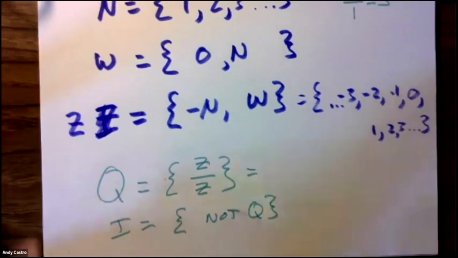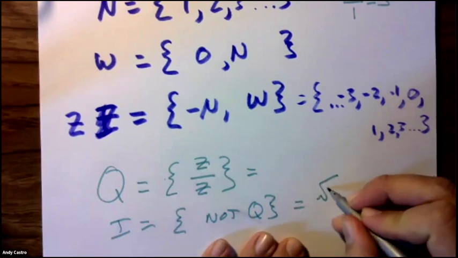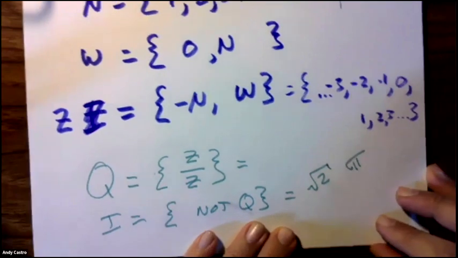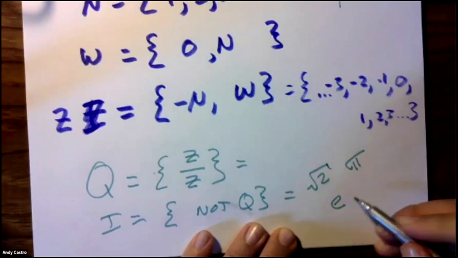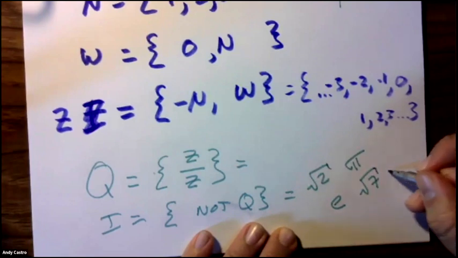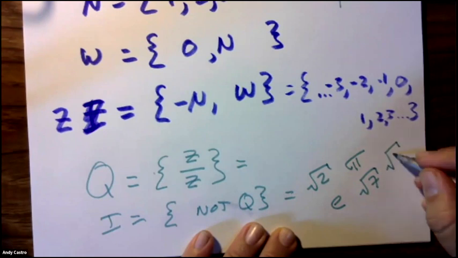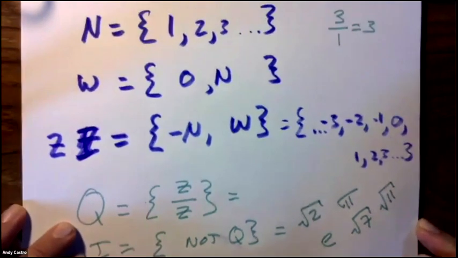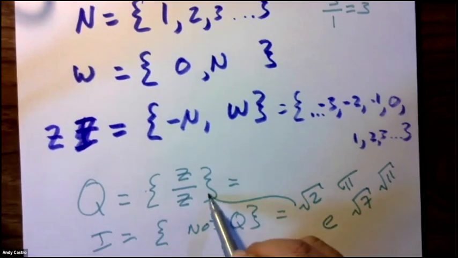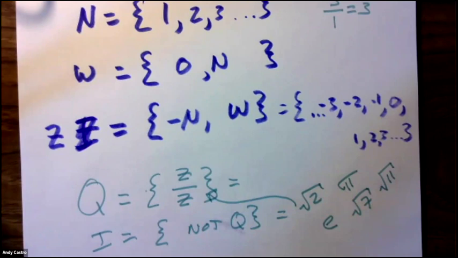So what would numbers like this be? This would be like the square root of 2, the number pi. You haven't learned it yet, but there's a number called e. The square root of any prime number will be irrational. Basically, it cannot be represented as the ratio of two integers.